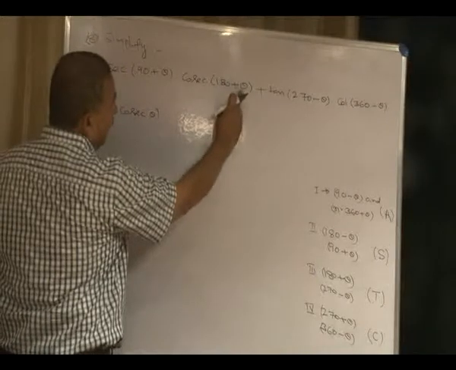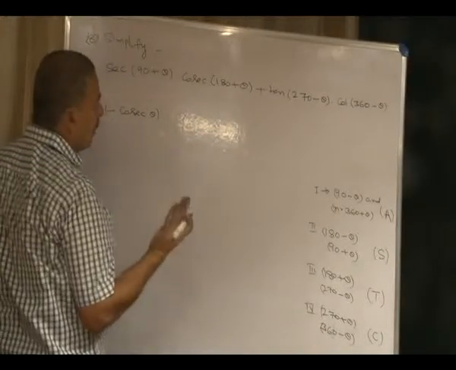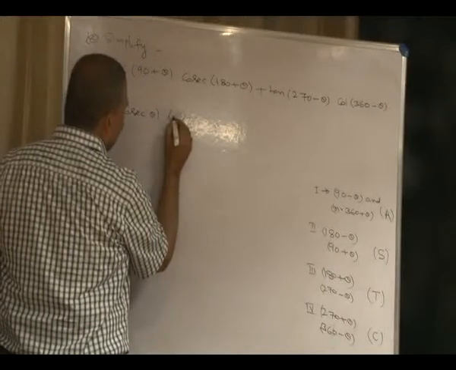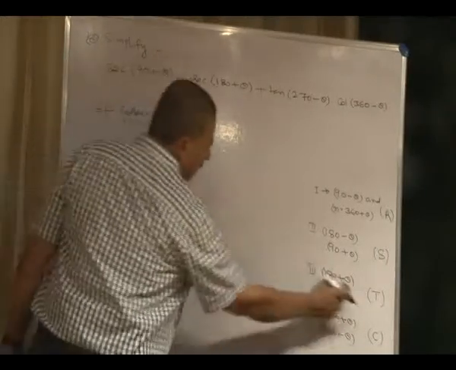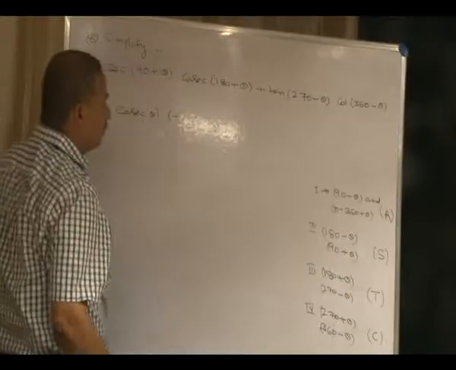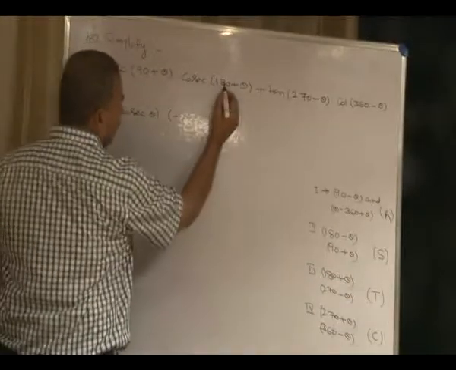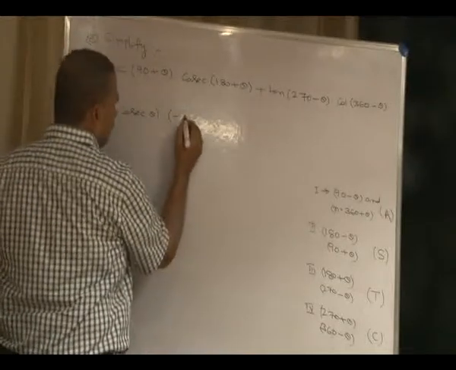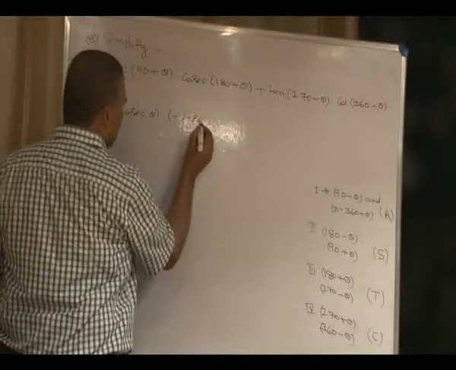Next, angle 180 plus theta comes under the third quadrant. In the third quadrant cosecant is negative, and in 180 plus theta there is the same function, so minus cosecant theta.